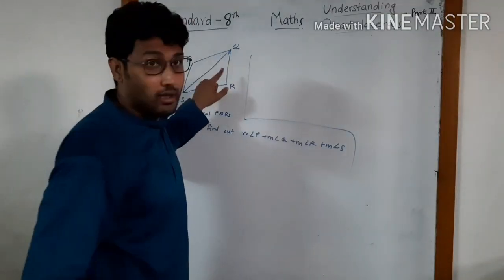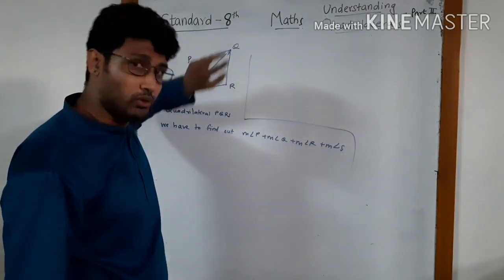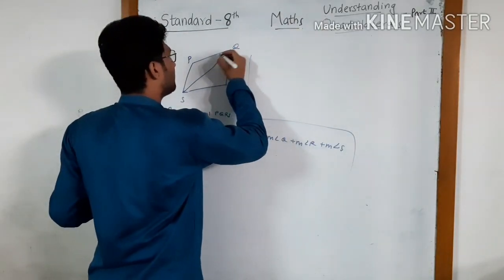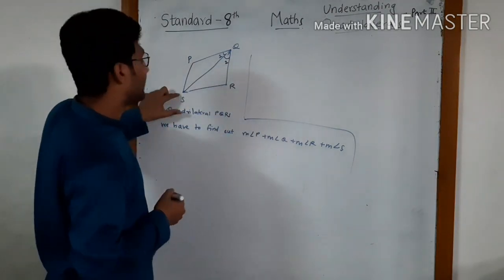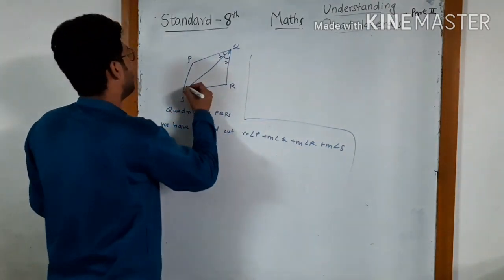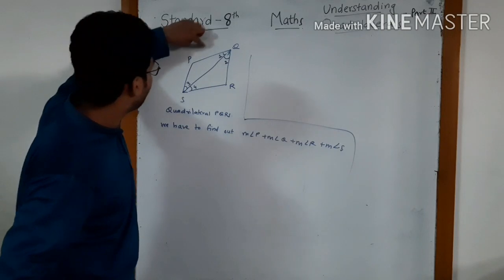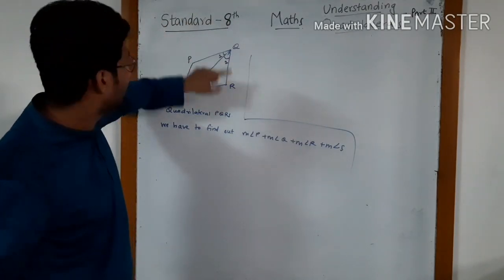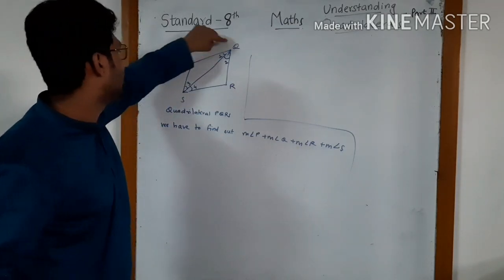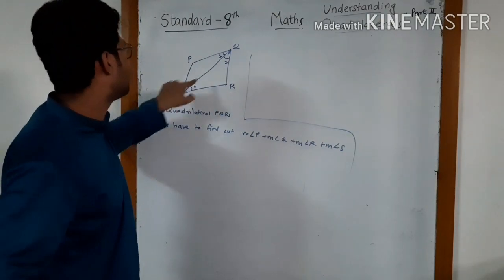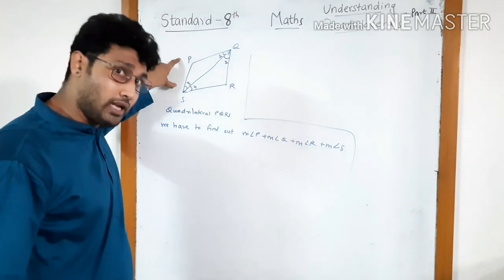Angle Q is divided into two different angles, so let us call this 1 and this 2. Similarly, angle S is divided into two angles, let us call this 3 and this 4. So angle PQS is angle 1, angle RQS is angle 2, angle PSQ is angle 3 and angle RSQ is angle 4. Now we have two different triangles which have been formed using the diagonal.